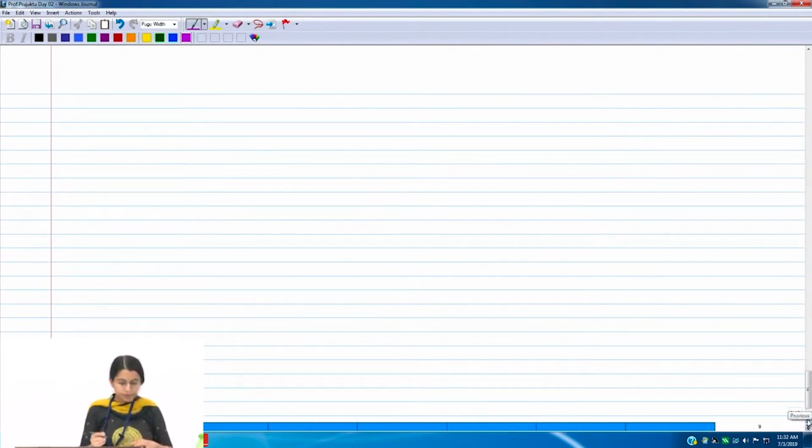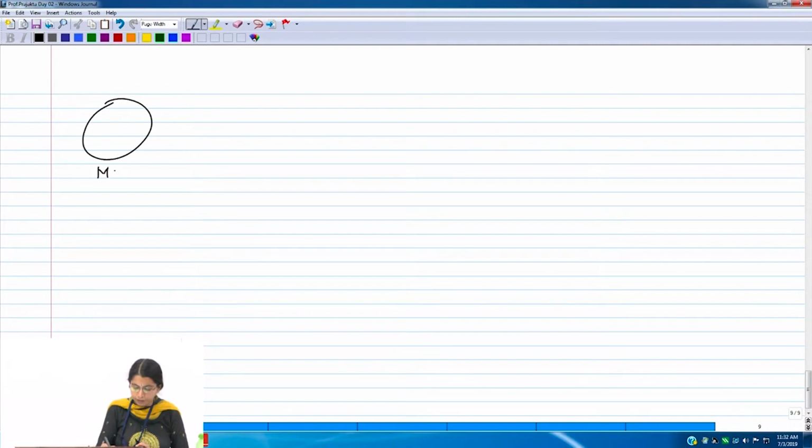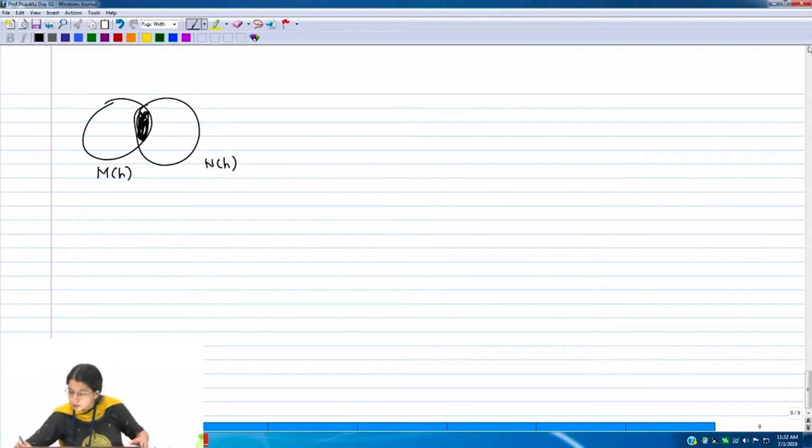Okay, so now we will try to complete this whole proof. So once again, let's look at these sets, M of H and N of H, and let's see how that observation helps us. Just ignore this common part. So let me copy that observation for us.